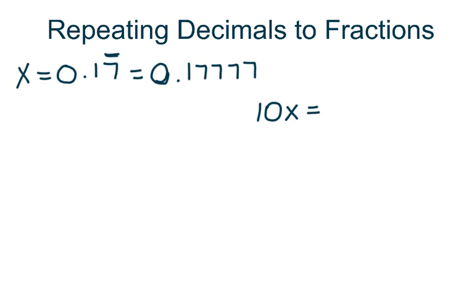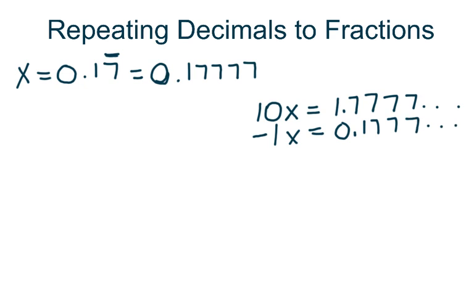So multiplying it by 10, this becomes 1.7777 and continues to go on there. Still the same, always subtract 1x, so minus 1x. And again, our 1x value is 0.1777, keep going on. Subtracting, 7 minus 7 is 0, 7 minus 7 is 0, 7 minus 7 is 0.